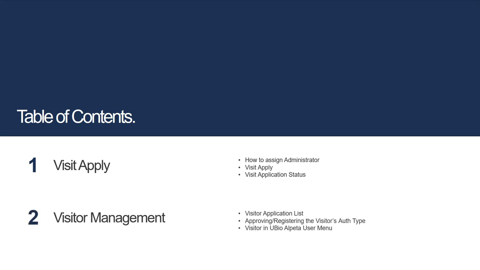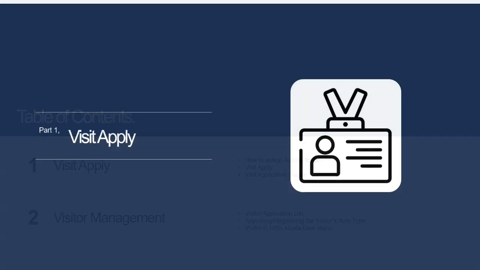In the second chapter, I will explain what the visitor administrator should do next and the subsequent process. Now, let's begin with the visit application. Let's explore this feature with a detailed example.